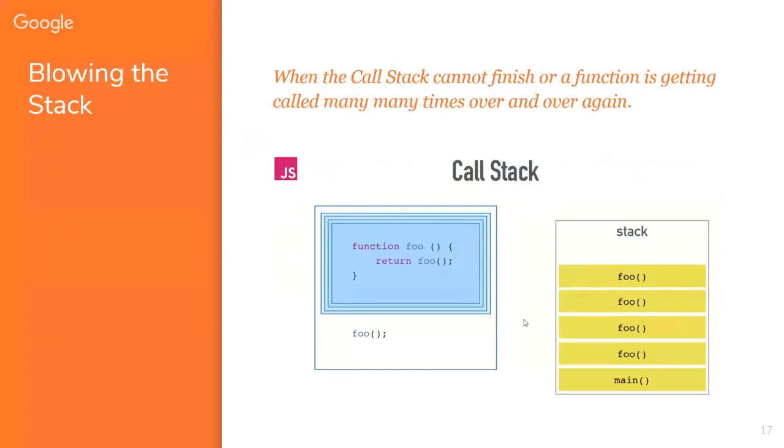Now let's see another type of error that we can make, and that's called blowing the stack. This is a function here, the foo function, that calls itself over and over again until it eventually sits in the stack about 16,000 times. And that's when the call stack kills the execution of the code and throws an error.